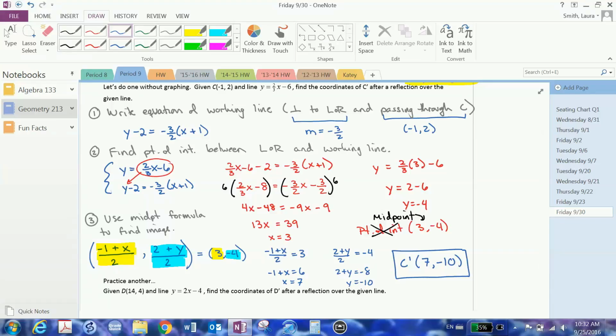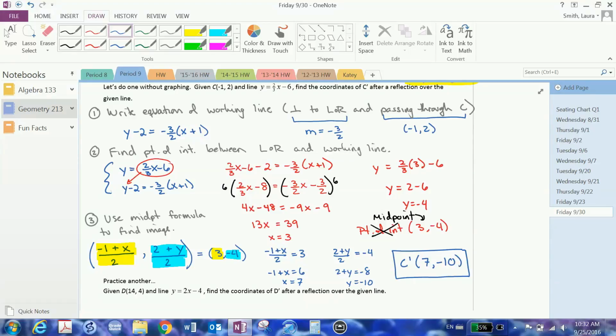Okay, seems like a lot, but let's just recap what we did. We found the working line, right? Just like we did when we drew it in on the first couple of examples. We did the working line, which is perpendicular, passes through the pre-image. Then we found the point of intersection, which is the same thing we did visually when they worked out graphically, right? We found that we counted to that point of intersection.